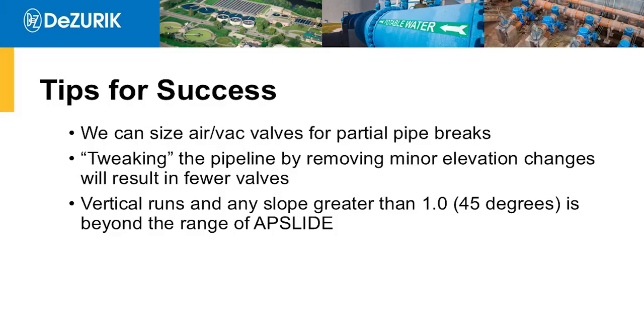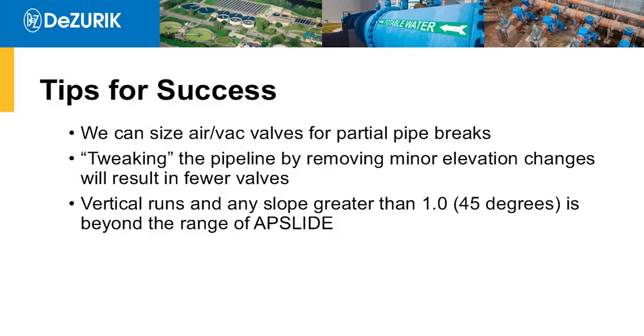My practical approach, and nobody wrote a textbook about this, it's just my practical approach, is that I would remove minor changes where the elevation only changes a little bit, maybe less than half the pipe diameter, or even less than that. Anything with bigger elevation changes than that might require an air valve, so leave it in there.